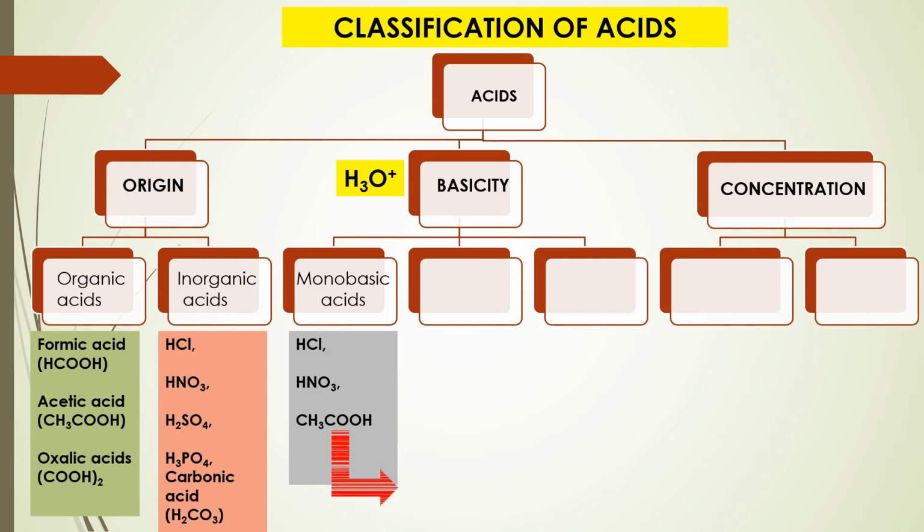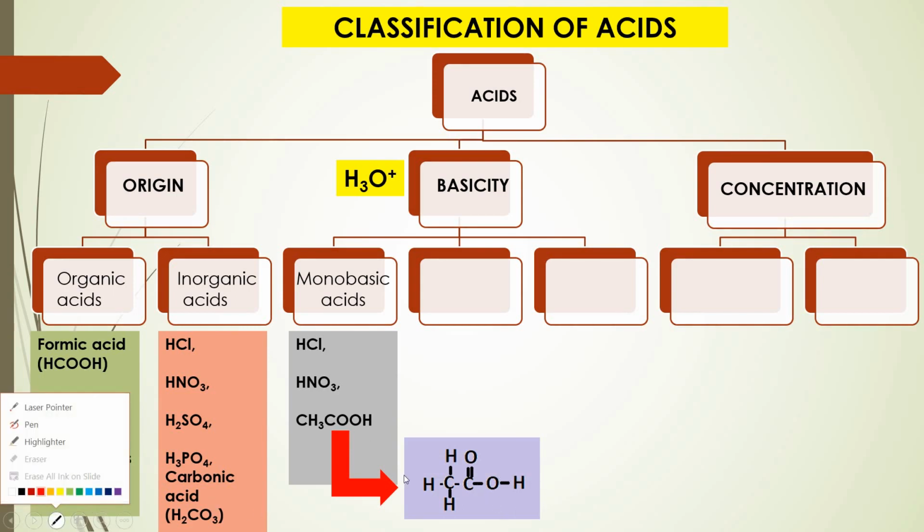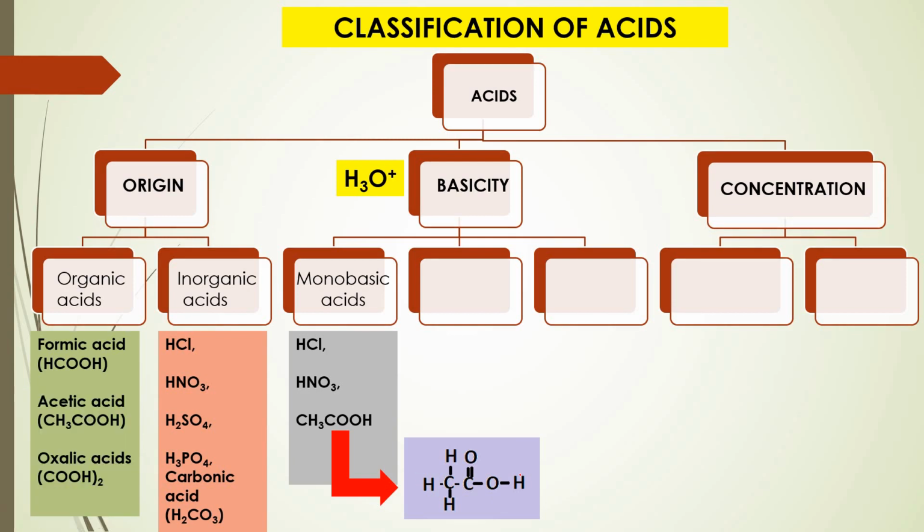But in reality, if you see the structural formula of acetic acid, only this hydrogen which is connected to this oxygen atom ionizes. The remaining hydrogen atoms do not ionize to produce hydronium ion.